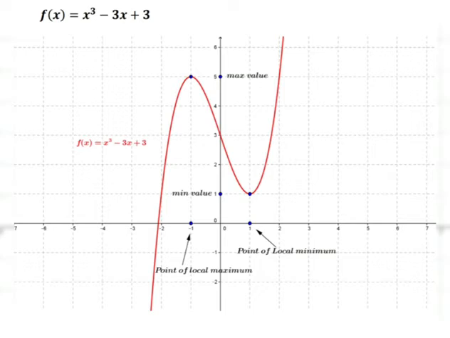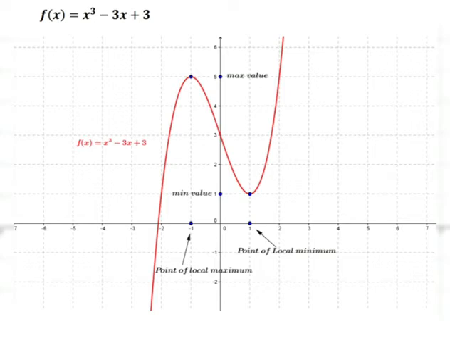Imagine that you are going upwards. And when you go upwards, you will meet the graph at some point. So from that point on the graph, you draw a tangent, and that tangent you will extend indefinitely.